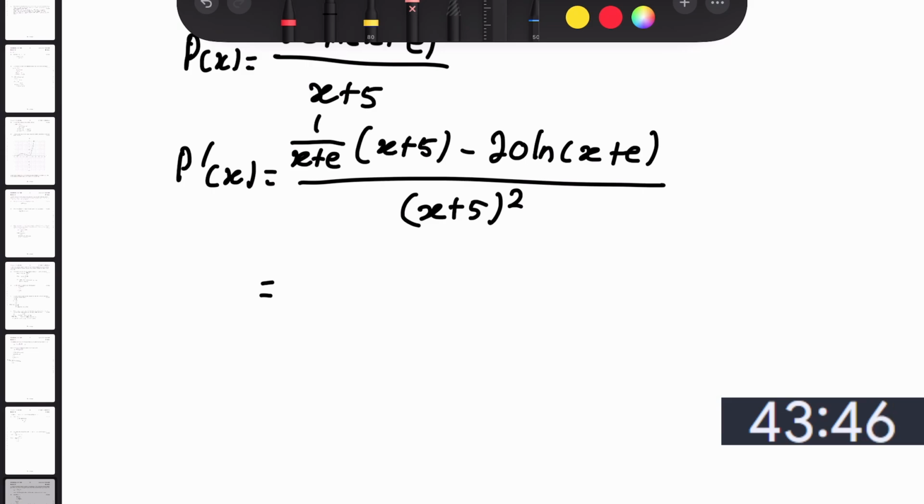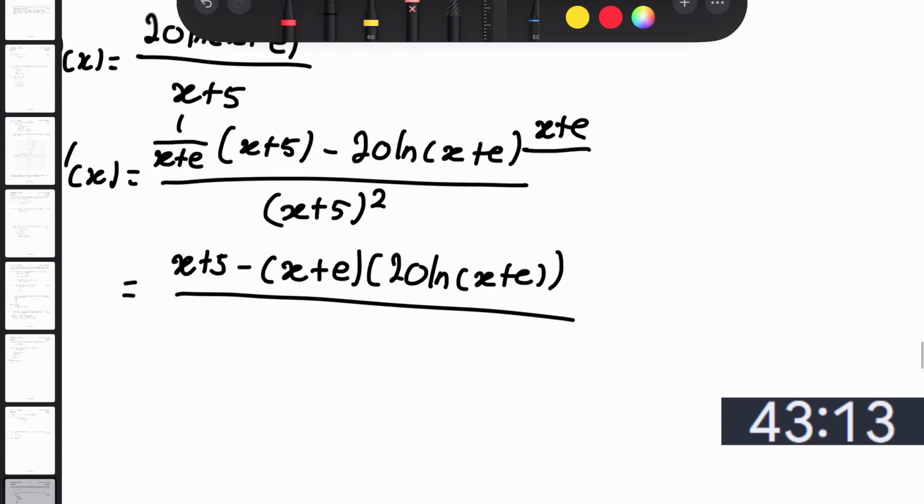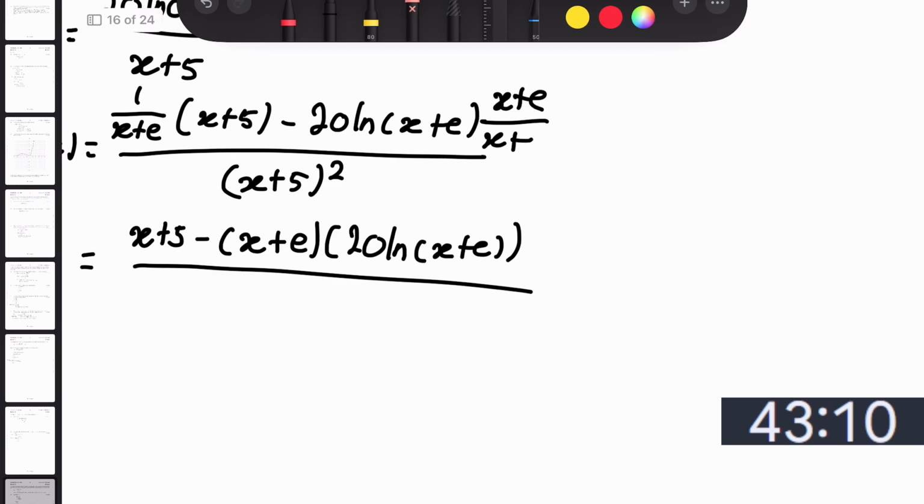Now we can rewrite this as x plus 5 minus x plus e times 20 ln of x plus e, all over, because if I times this by x plus e, that's just the same thing but times 1, but then I can have it in the denominator.